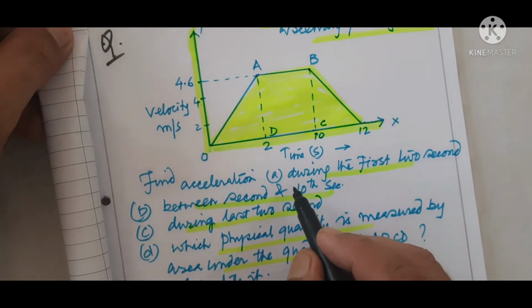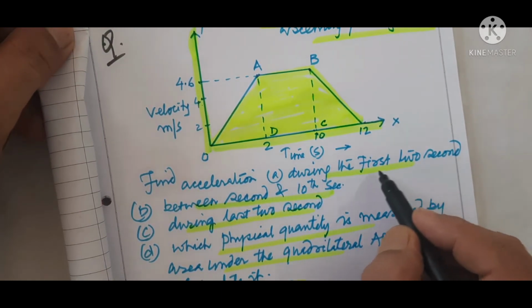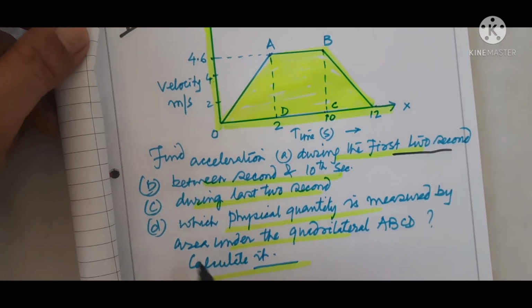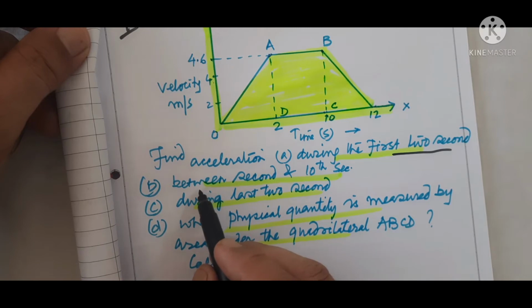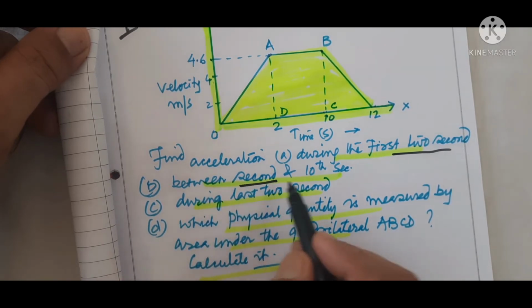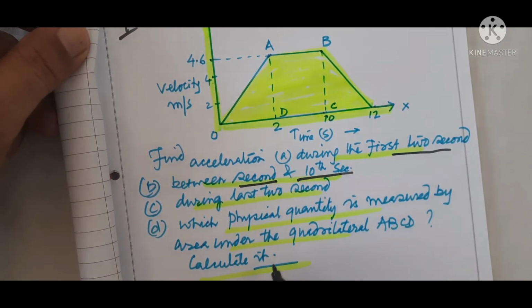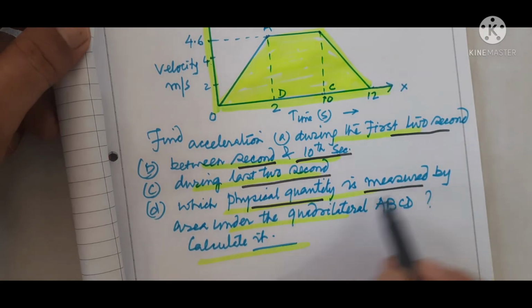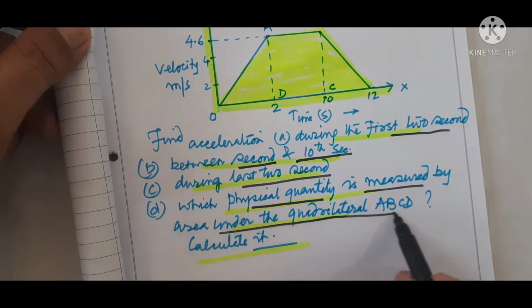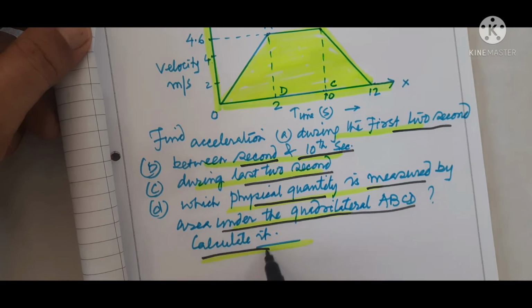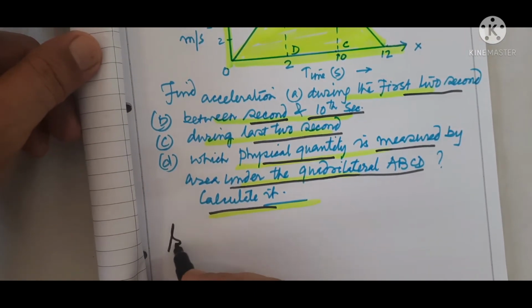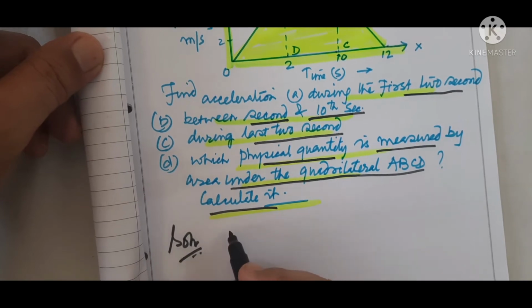Find the acceleration: number A, during the first 2 seconds; number B, between the 2nd second and the 10th second; number C, during the last 2 seconds. Number D, which physical quantity is measured by the area under the quadrilateral ABCD, and you have to calculate it, right?